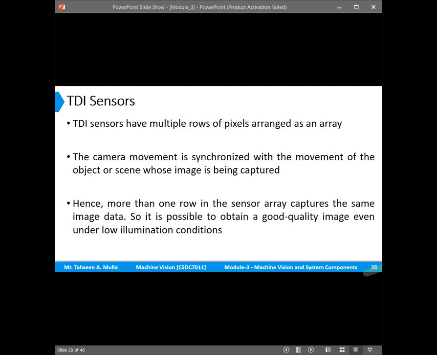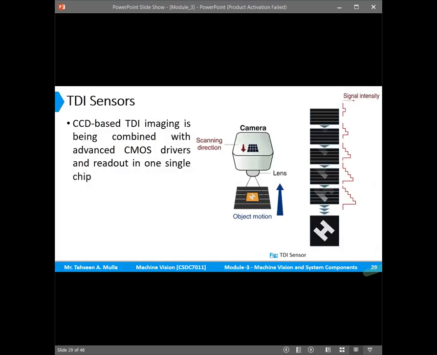If missed due to low light, the line scanned pixels will not be read again. So if my camera moves along with the object, even though I miss or have low light conditions, I can capture the image in good quality, right? So this is one of the advantages of using TDI sensors.